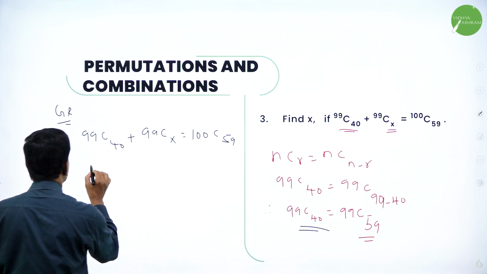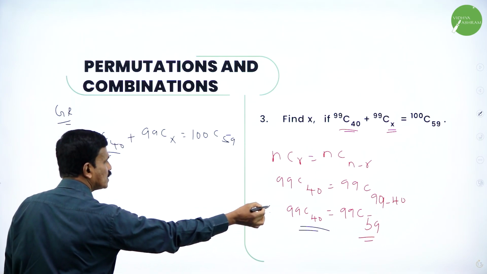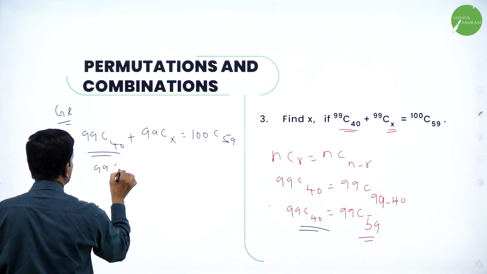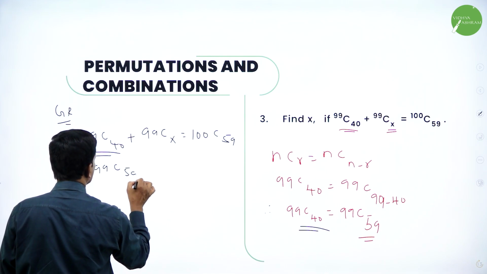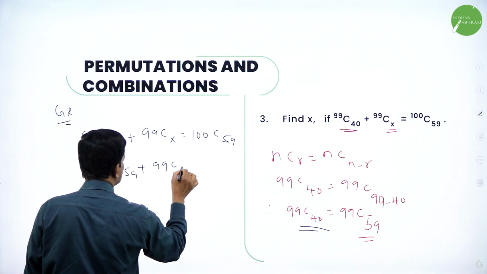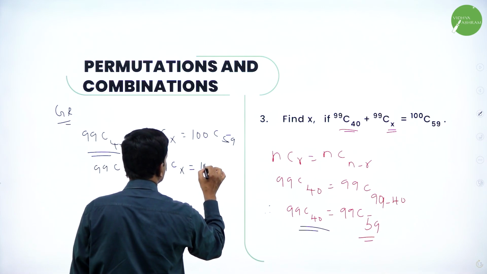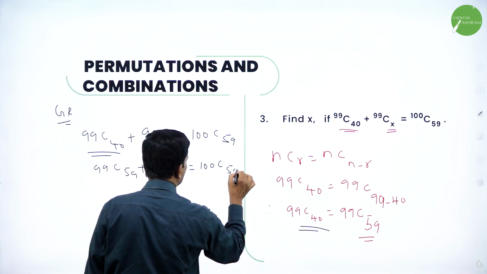Just substitute the value. What is 99C40? 99C40 is equal to 99C59, so 99C59 plus 99Cx is equal to 100C59.